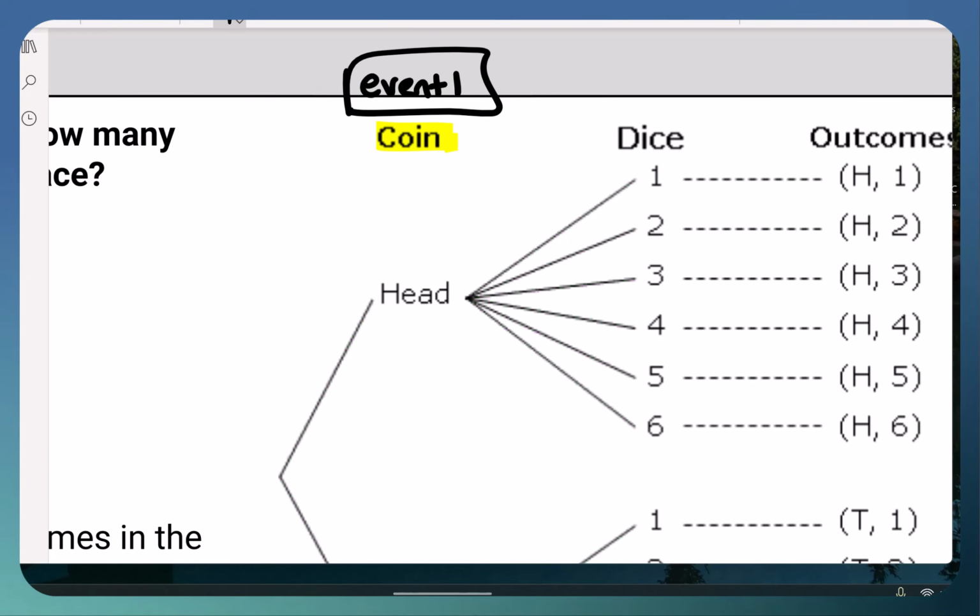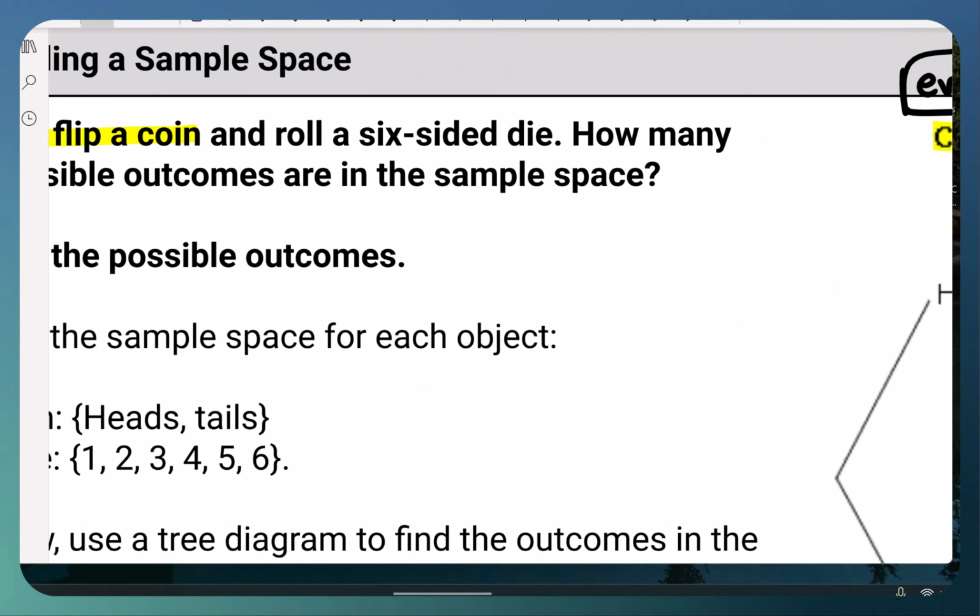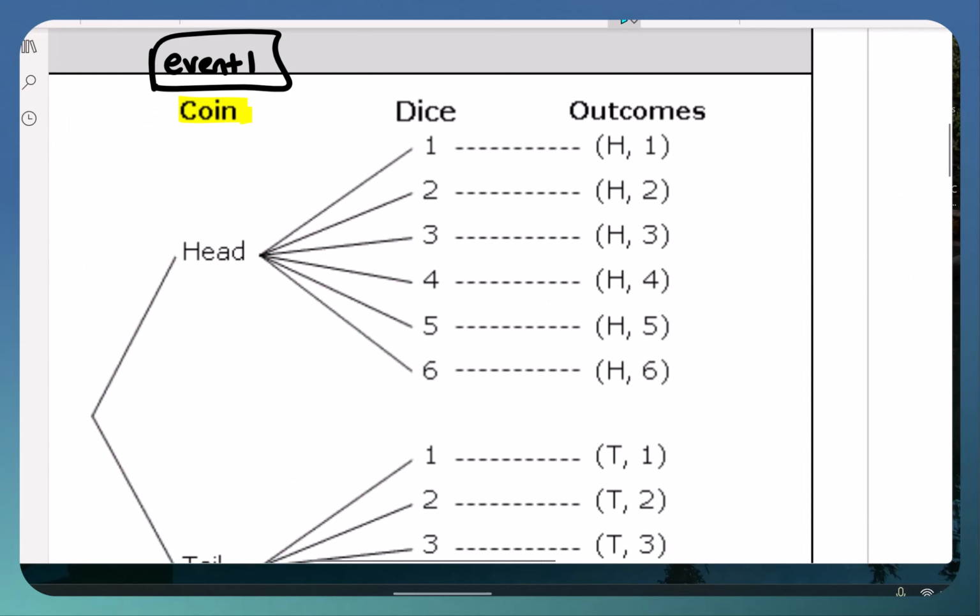This is really, really basic, foundational. You've got to understand how to write these events and all of your outcomes, okay? So event number 1 is flipping a coin. And then it says over here, you also roll a 6-sided die. So that is my second event, event 2.